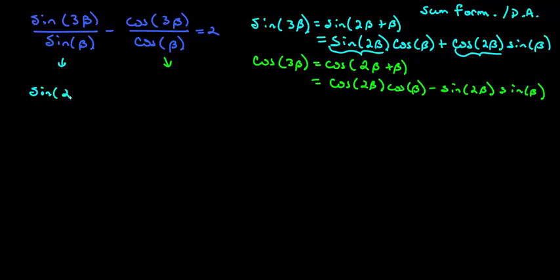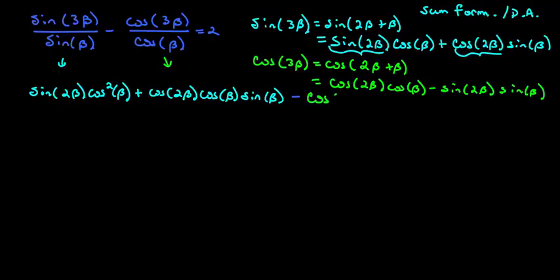I get the sine of 2 beta times the cosine squared of beta plus the cosine of 2 beta times the cosine of beta times the sine of beta. Then we're going to subtract off this green guy multiplied by sine beta.